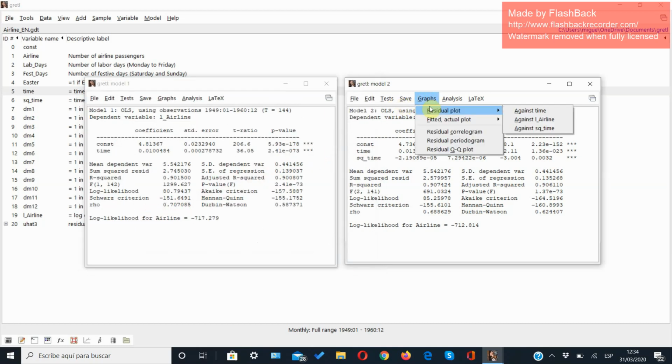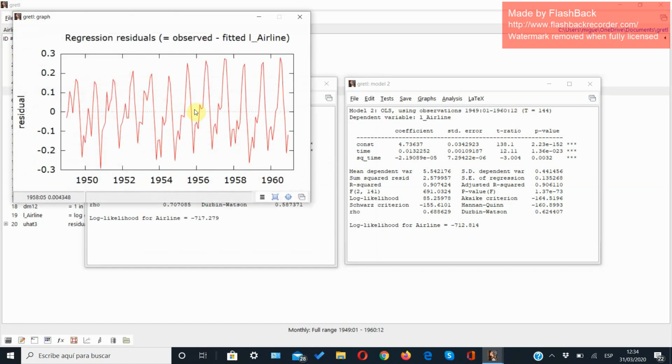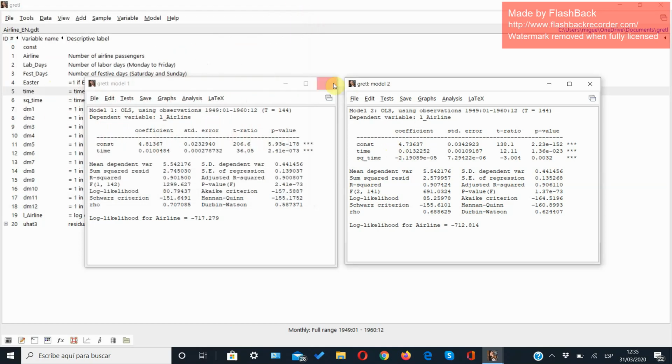And if we plot the residuals against time, we will see that they look more stable. They do not display a clear nonlinear behavior as in the previous case. So we improved the model. We improved the model for the trend of the time series, for the changes in the level. We can continue improving it by adding variables able to capture this seasonal behavior in the residuals.